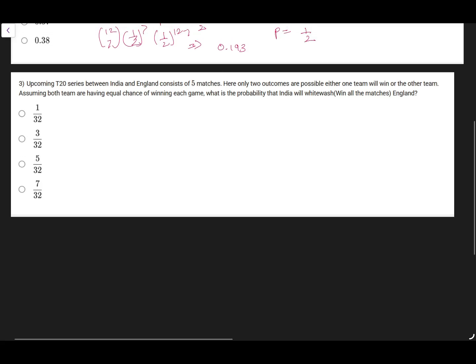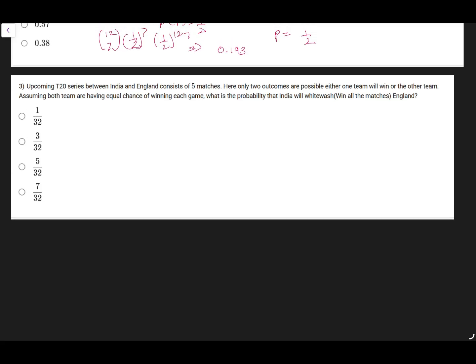When we say there are two outcomes, it becomes by default a Bernoulli's problem. Here, there are 5 matches that the two teams are playing. Two outcomes: either India wins or England wins. The probability of England winning is half, and the probability of India winning is half for each match.